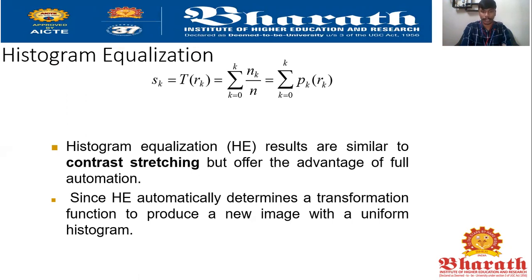So this is known as the transformation of the old image to a new image with uniform histogram values, but with new, clear and explained contents.